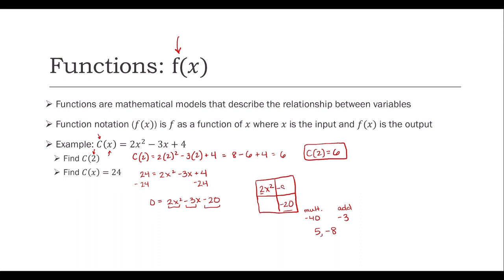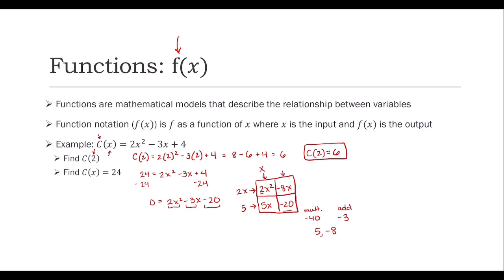So we'll put negative 8x and 5x in here, and then we'll pull out our greatest common factors. So 2x squared and negative 8x, our greatest common factor is 2x. Between 5x and negative 20, our greatest common factor is 5. Here on our columns, our greatest common factor between 2x squared and 5x is just x.